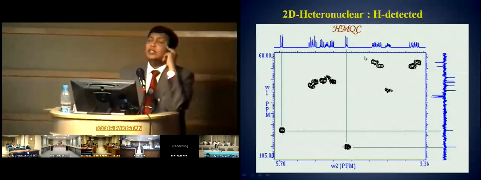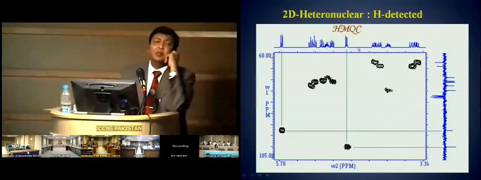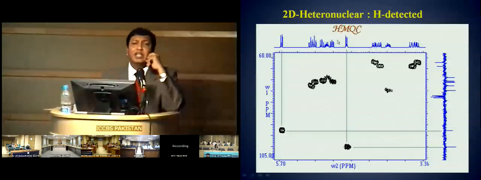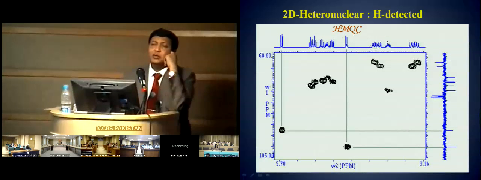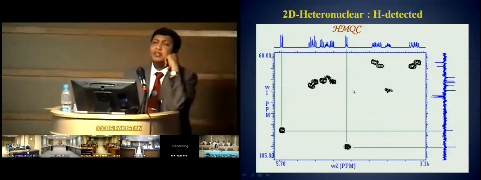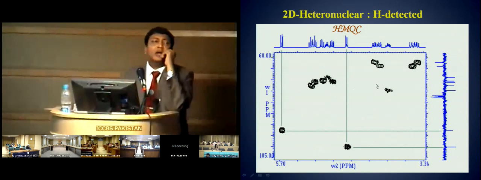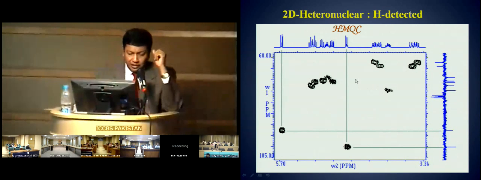Remember, in COSY there is no distinction between geminal and vicinal, between W, between homoallylic, between allylic couplings of different types. All scalar couplings come so nicely in COSY like contours. But in this case you would be able to distinguish between two protons attached to the same carbon. Any question from any other university, please?